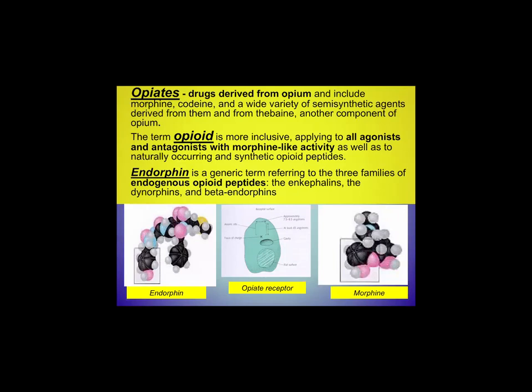The term opioid, which is more common and more typical for you, is more inclusive, applying to all agonists and antagonists with morphine-like activity, as well as to naturally occurring and synthetic opioid peptides. And the last one, endorphin. Endorphin is a generic term referring to the three families of endogenous opioid peptides: the enkephalins, the dynorphins, and beta-endorphins.